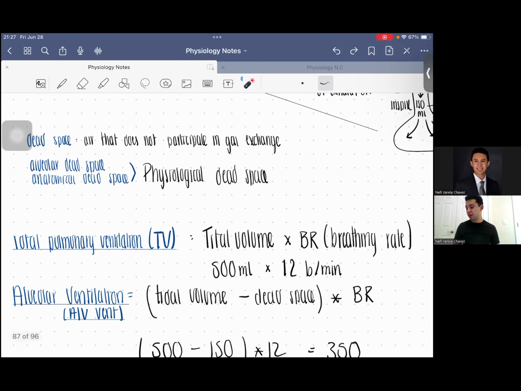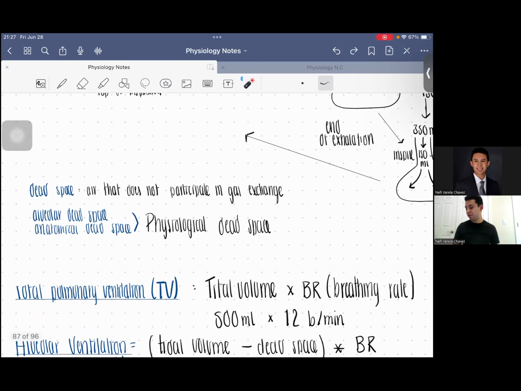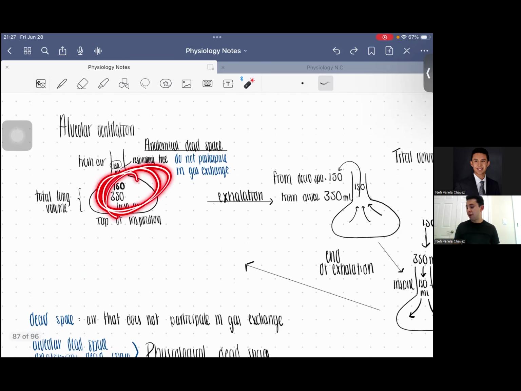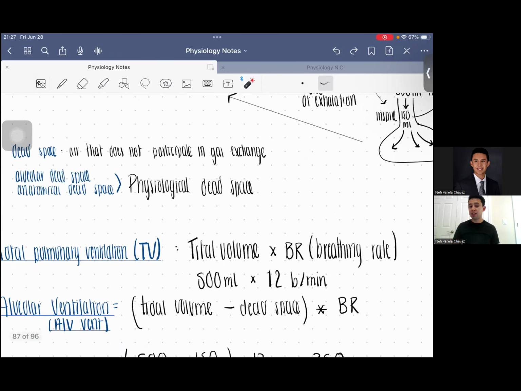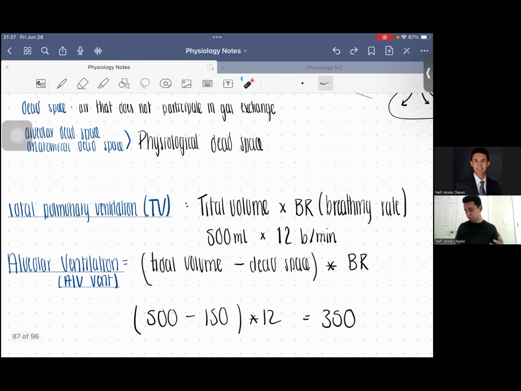So in this scenario, it's going to be 500, which is the amount of air that is participating in this gas exchange, times 12. That is going to be our standard rate for respiration, 12 breaths per minute.